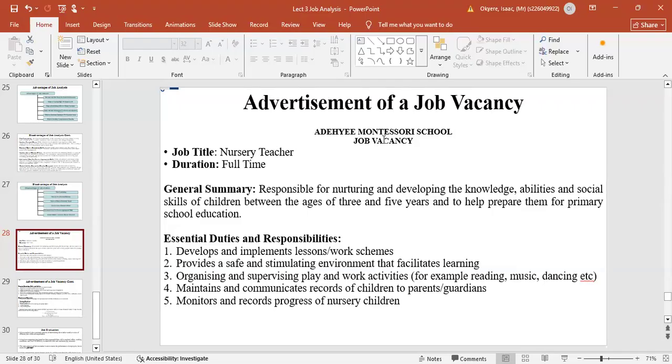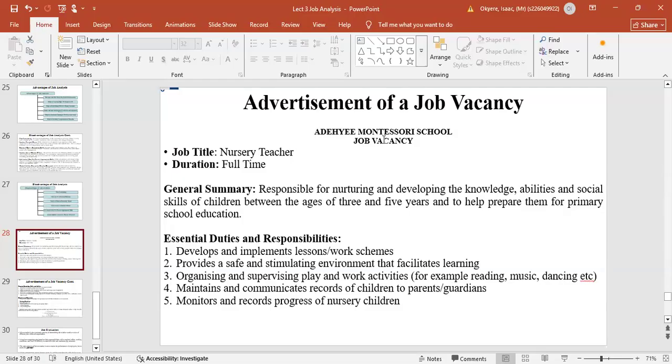First of all, we write the job title, we write the duration, that is full time. Then we write the general summary, that is what you are expected to do. This talks about the job descriptions.